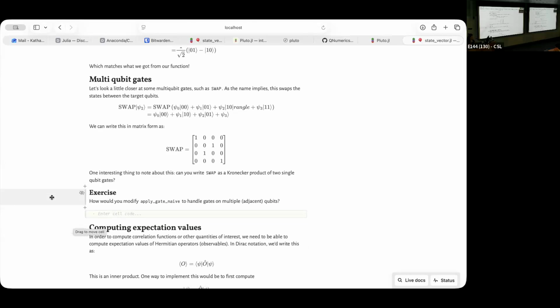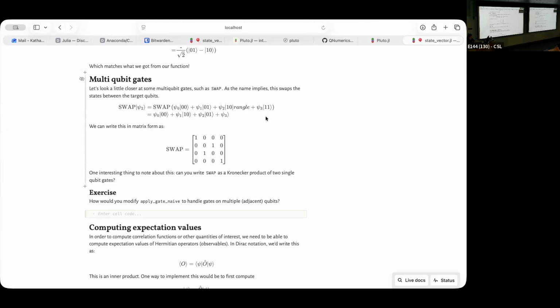As you might guess from the name, it swaps the state between two target qubits. I've written a quick example here where, again, my LaTeX didn't render correctly, which is probably my fault. Sorry about that. So I have some state here, psi 2, which is again a linear combination over the 4 possible states on 2 qubits.